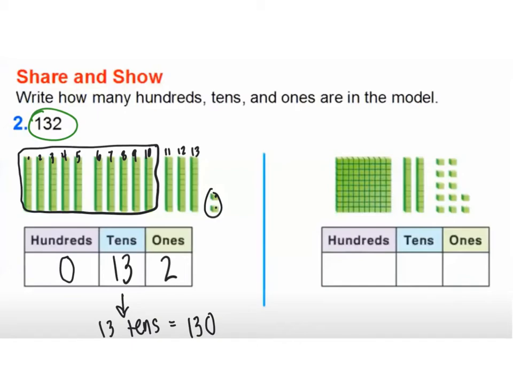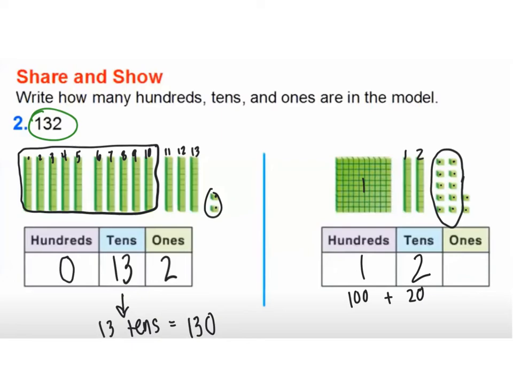Okay, let's look at a different way to show it. How many hundreds do we have? 1 hundred. How many tens do we have? 2 tens. So far we have 100 plus 20. And then let's count our ones. 1, 2, 3, 4, 5, 6, 7, 8, 9, 10, 11, 12.